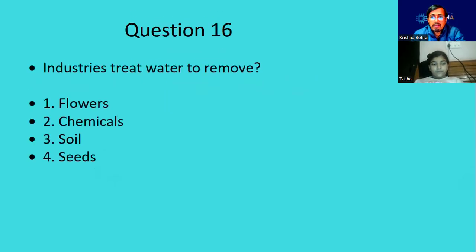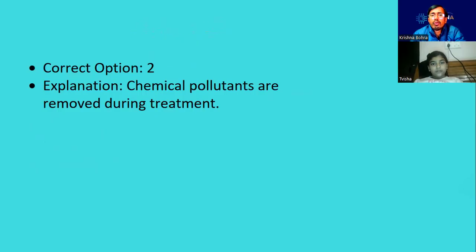Question number 16: industries treat water to remove flowers, chemicals, soil, and seed. Chemicals. You are absolutely correct. So the explanation says chemical pollutants are removed during that particular treatment.